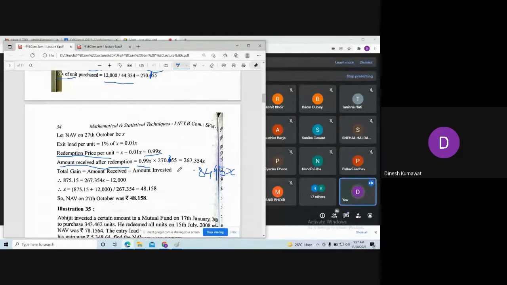Okay, here I am having 267.8445 times x. Now we have the formula for total gain as amount received minus amount invested. Amount invested is given to us. Total gain is also given to us in our problem. So shift the amount invested to the left hand side, do this calculation and tell me what answer of x you are getting.